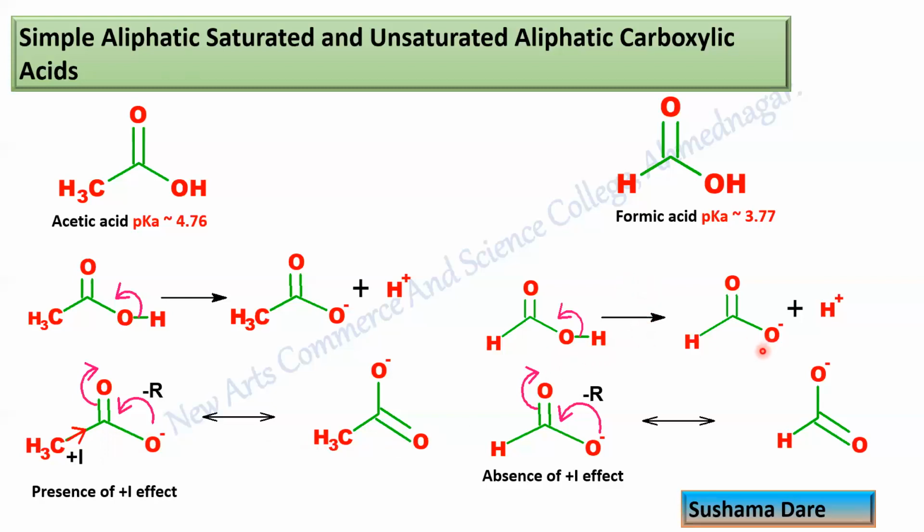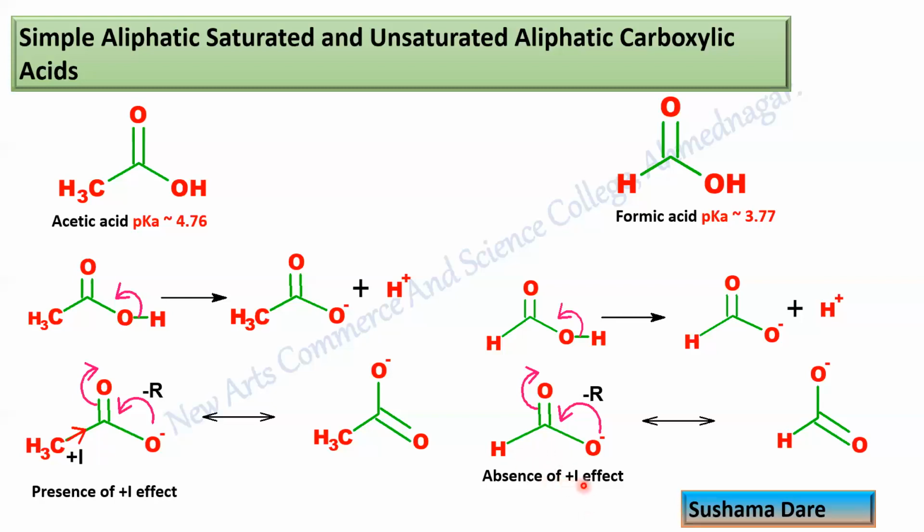Formic acid dissociates as formate plus H plus. The same type of minus R effect is present here. That is, the carbonyl group shows minus R effect, which is similar to the acetate ion. But instead of a methyl group, there is a hydrogen. Now hydrogen does not show an electron donating inductive effect.